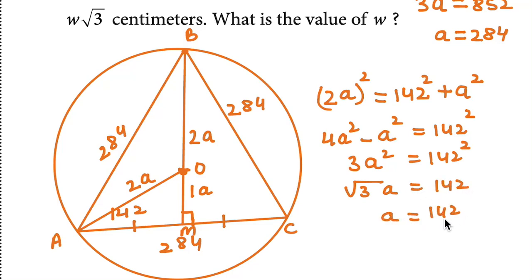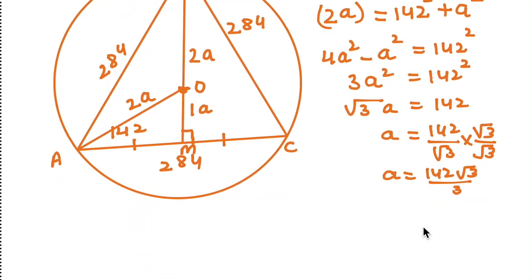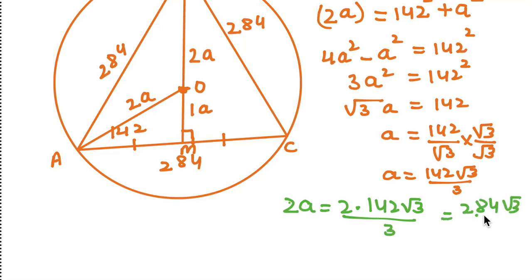A is equal to 142 by root 3, and rationalizing, because a square root cannot be in the denominator, A is equal to 142 root 3 by 3. And so 2A will be equal to 2 times 142 root 3 by 3, or 284 root 3 by 3.